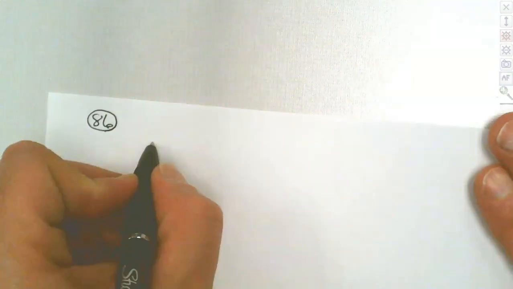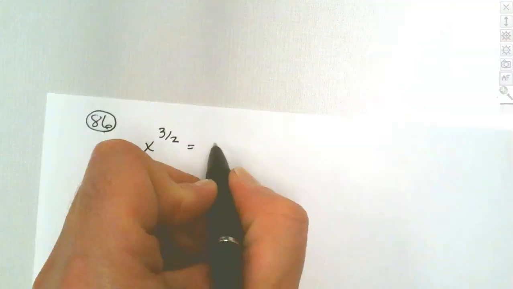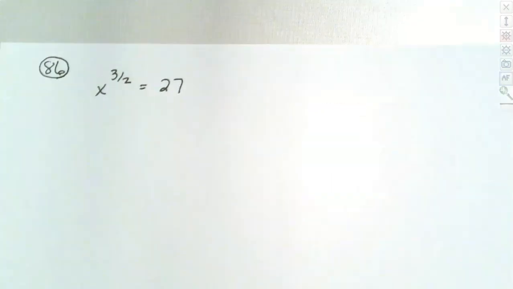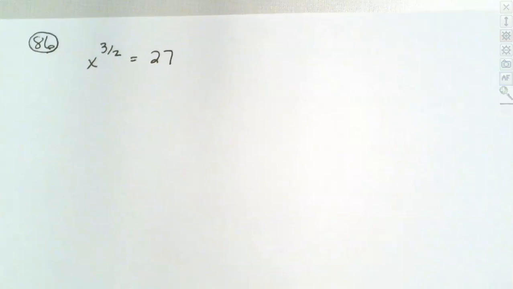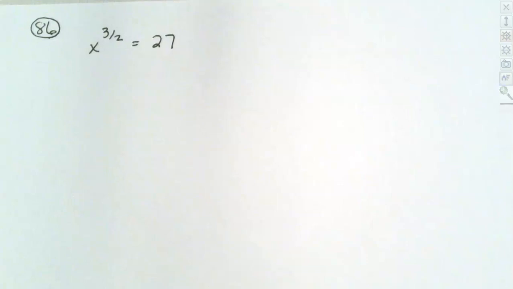So we have x to the 3/2 power equals 27. Oops, we need to come up with a common base here. Okay, so how do we do this one? Well, if we look at this one, again, we want a common base to solve it out.